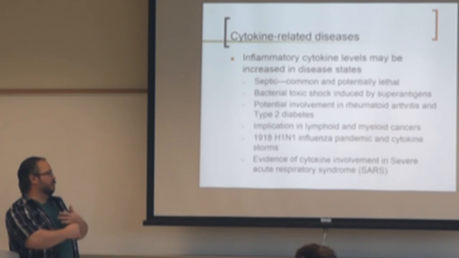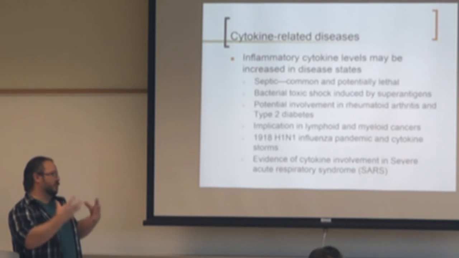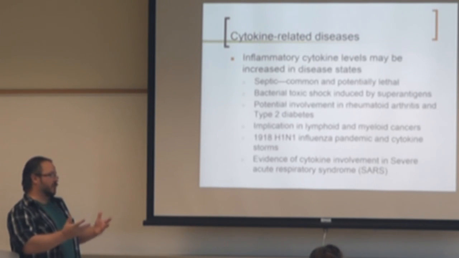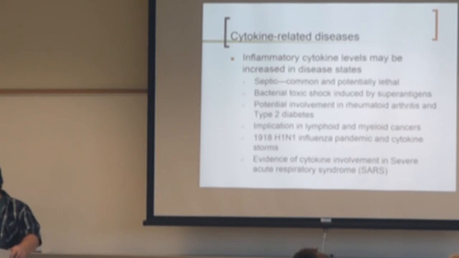Your blood vessels open up to allow white blood cells to get to the tissues, but you end up losing fluids into your lungs and drowning to death. So not really ideal.